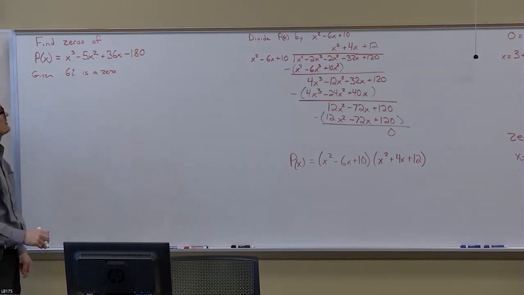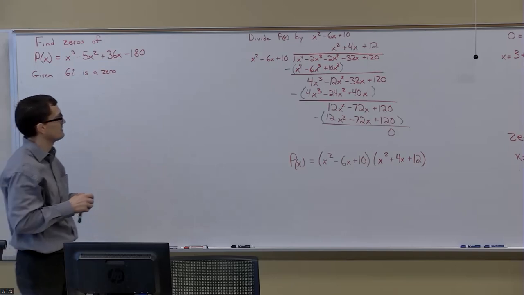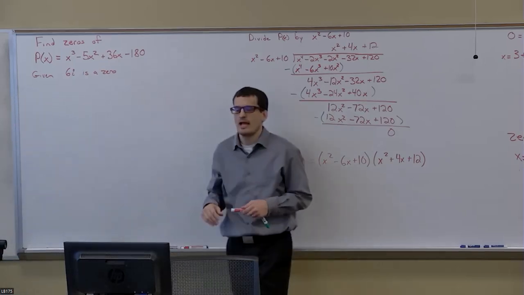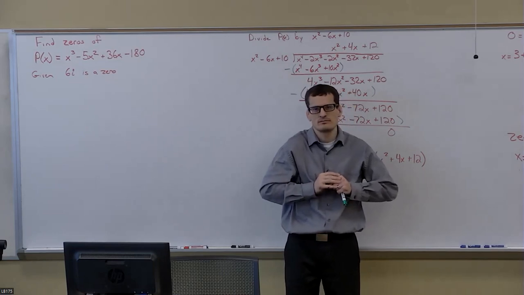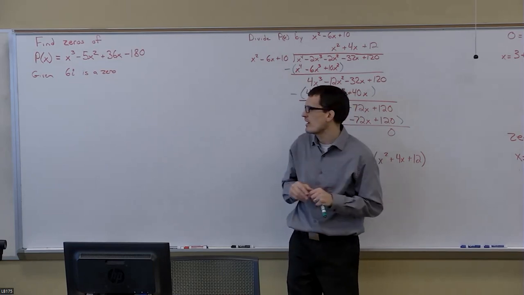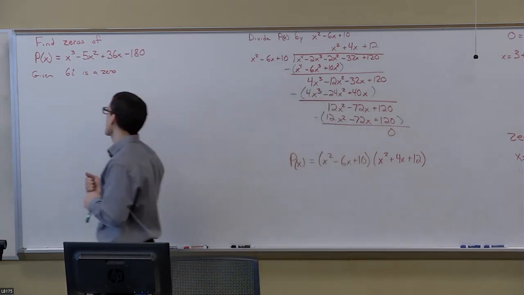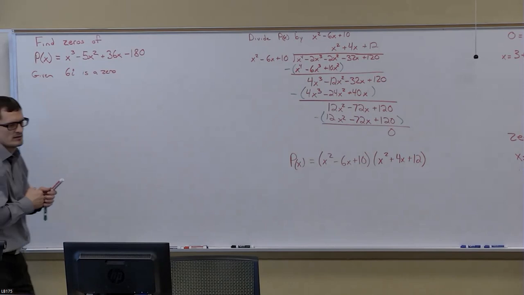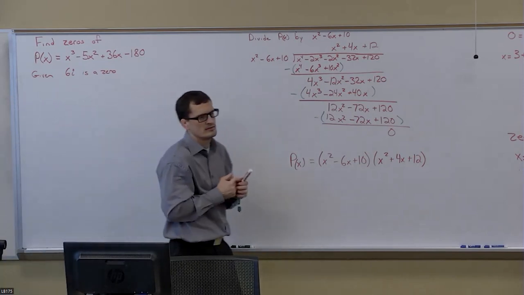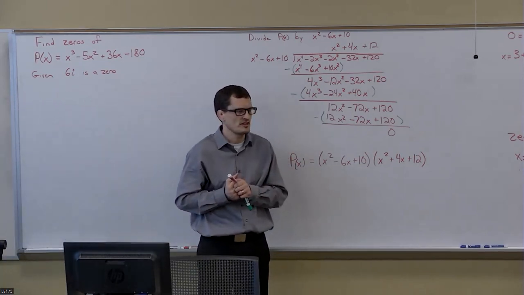Let's say I have x to the third minus 5x squared plus 36x minus 180, and I know 6i is a 0. Okay. By the way, what's the conjugate pair of 6i? Well, it's like 0 plus 6i, right?